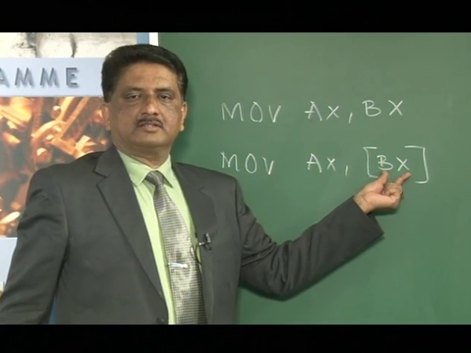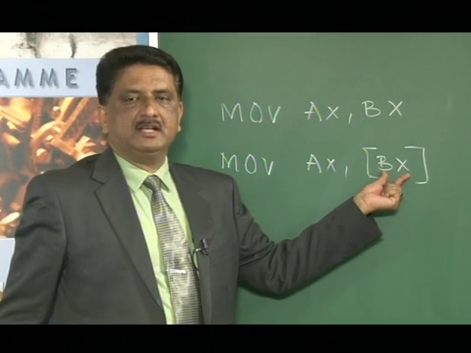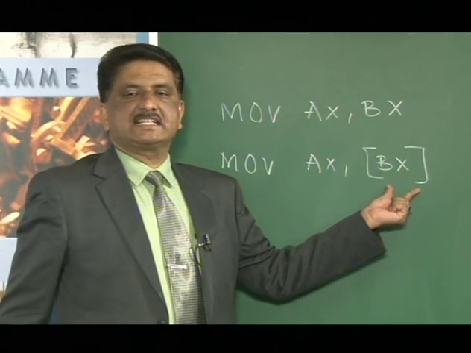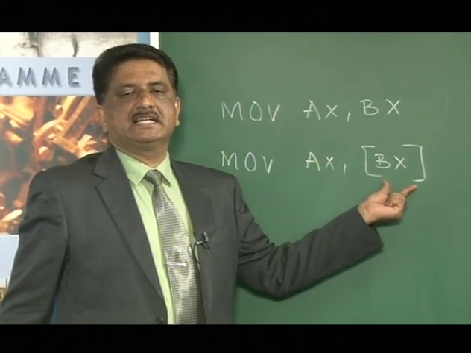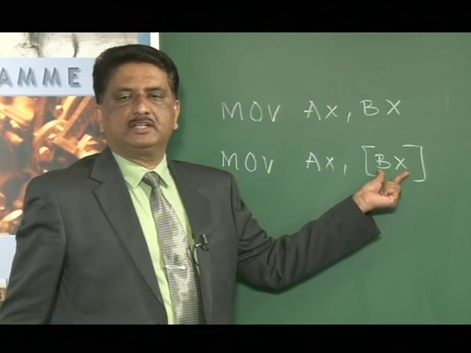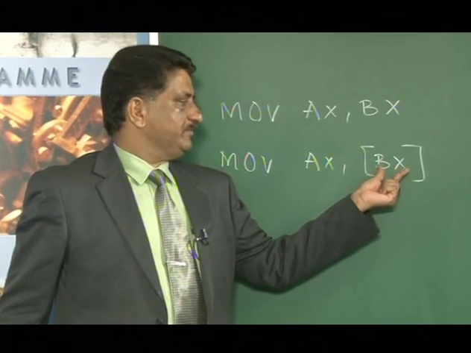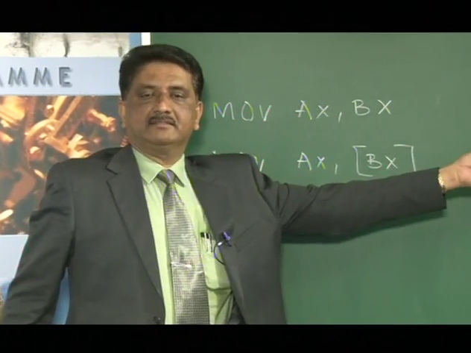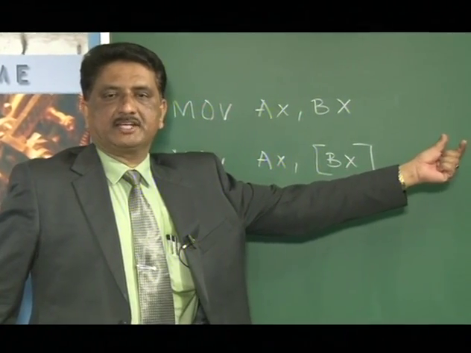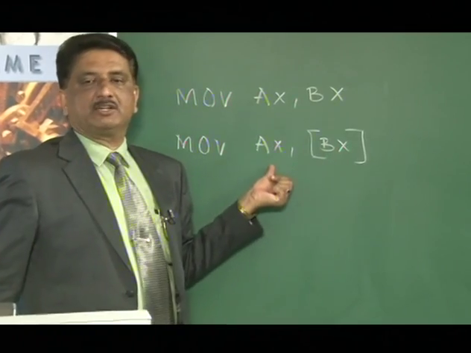You are all computer science and information science students, you understand the pointer concept better. So I can say that this acts as an index. What is meant by index? Index is nothing but a pointer. So here BX does not hold the data, BX holds the address of the data, where from that memory location address, I copy the content and then transfer it to AX.